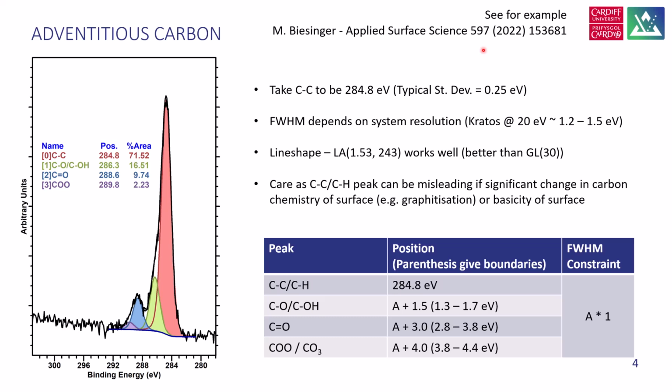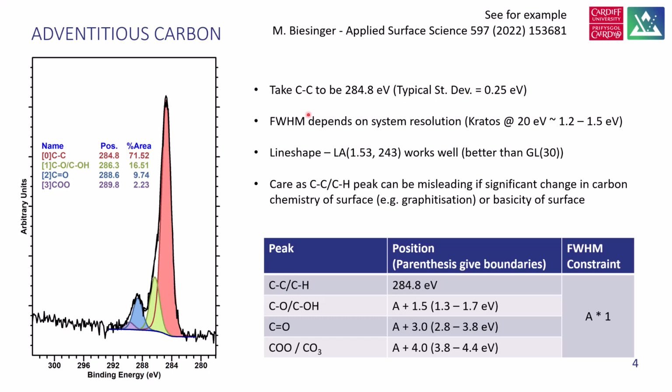However, it is convenient and it is useful, and what we talk about in XPS is typically relative shifts. So actually what you can find, as Mark points out in his paper, is that taking adventitious carbon to have a binding energy of 284.8 electron volts typically has a standard deviation of about 0.25 electron volts, so well within our experimental uncertainty.